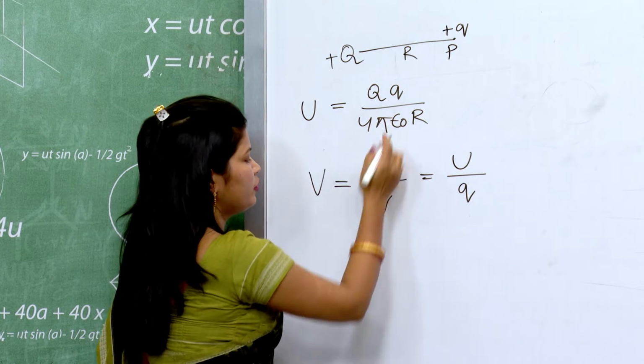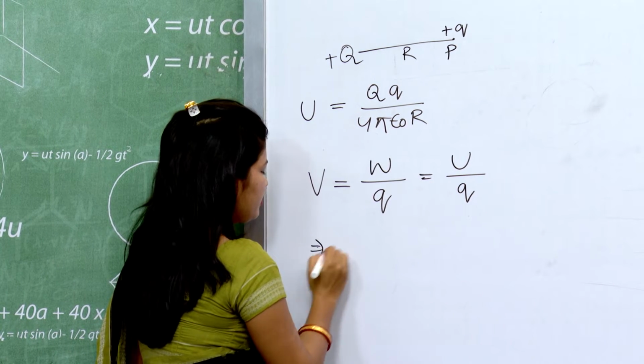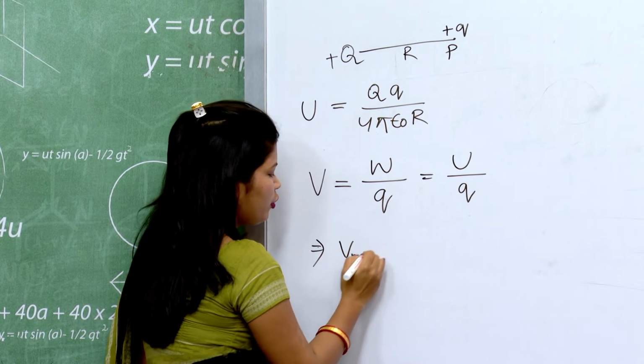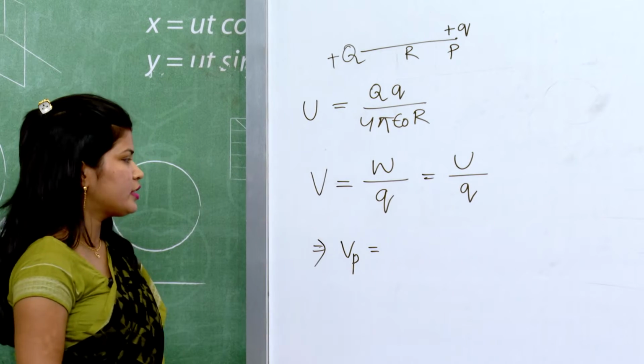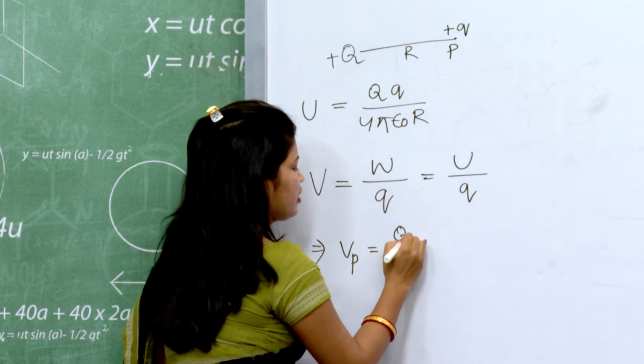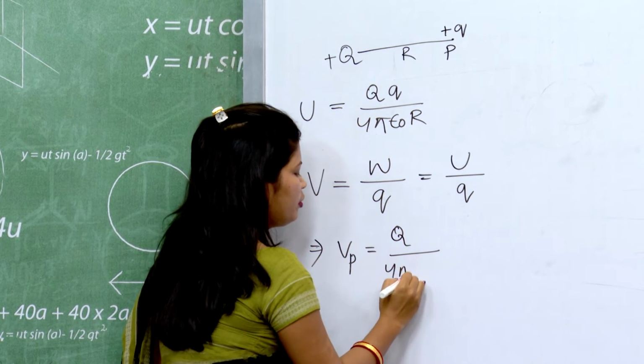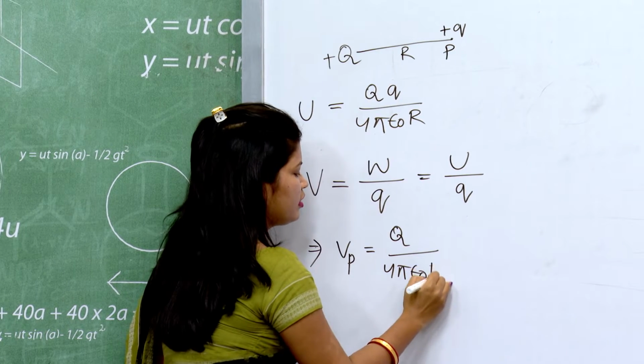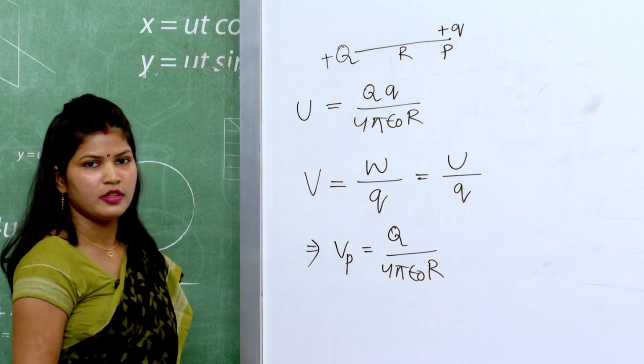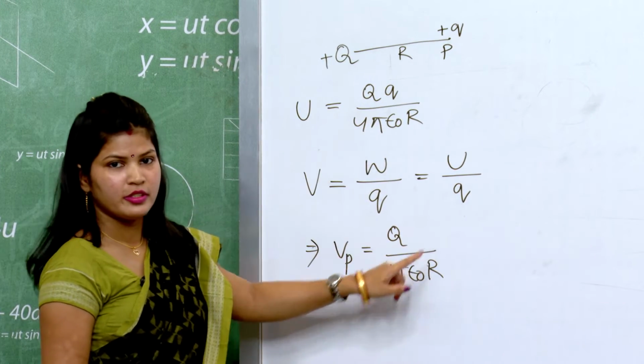Putting the value of U here, I get the potential at point P is equal to Q upon 4 pi epsilon naught r. This small q has disappeared here.